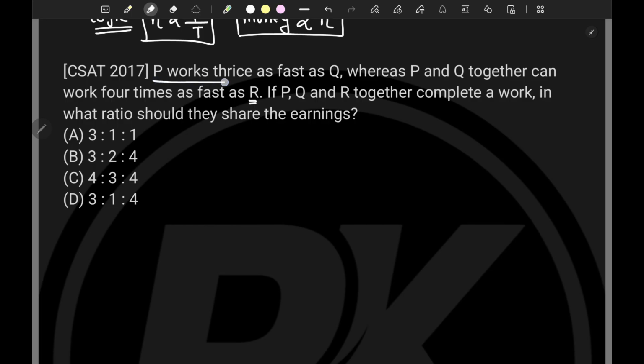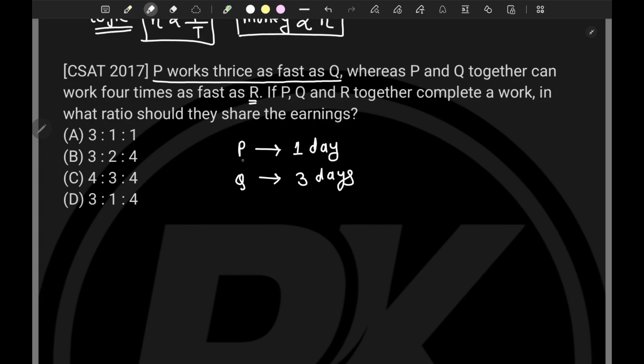So P works thrice as fast as Q. That means if P is completing his work in one day, right? So Q will take how many days? Because P is 3 times faster than Q, Q may require 3 days to complete that particular work, right?